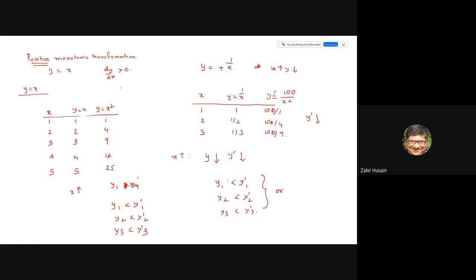Monotonic transformation means ordering is same, and the positive means this relation, this part.